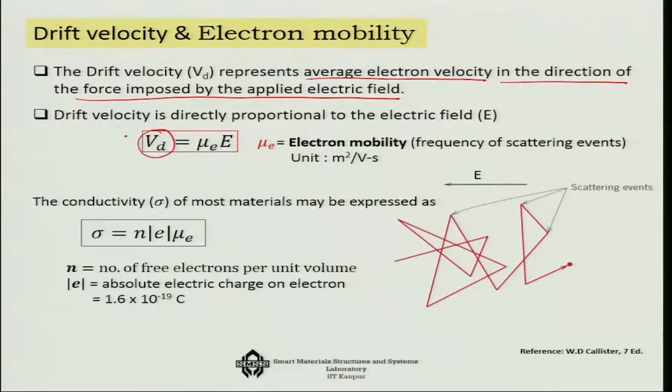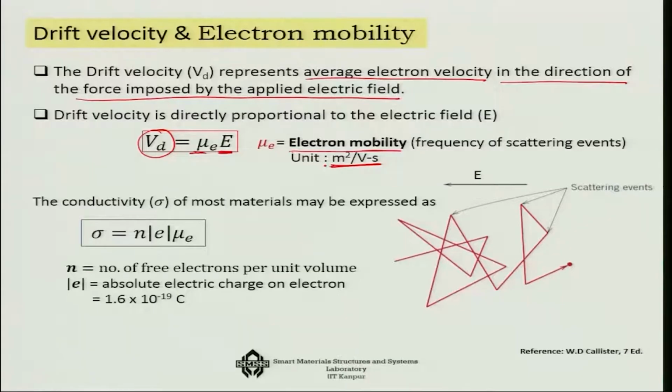This Vd is expressed as mu e times the electric field E, where mu e is the electron mobility, related to the frequency of scattering events, which is measured in meter square per volt second.